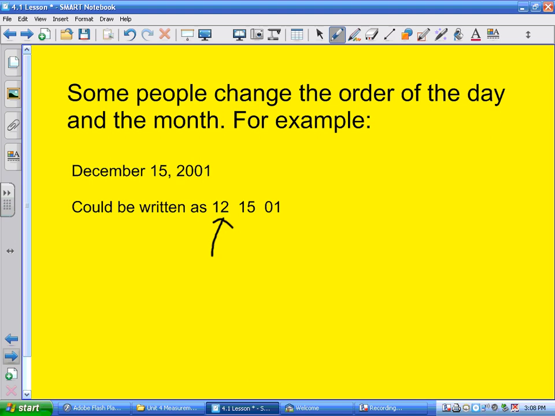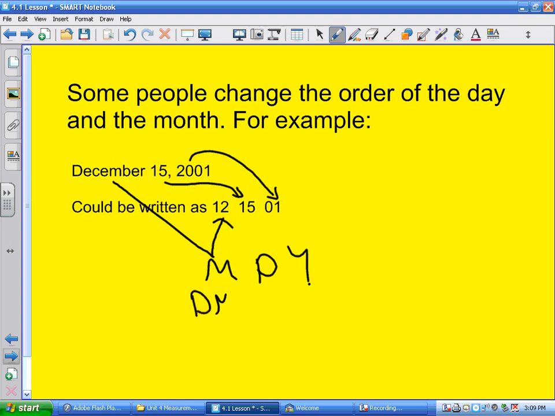Is that the day? The month actually is the 12th, we had 15 months, excuse me. The 15th obviously is the day, and the 2001 is the year. So what they've done is they've gone December, and they've gone month, day, year. Is that correct? No. It always is supposed to be the day, month, year, or year, month, day.